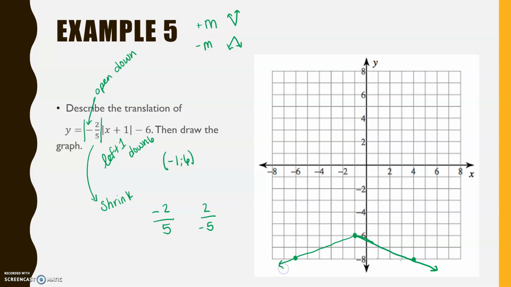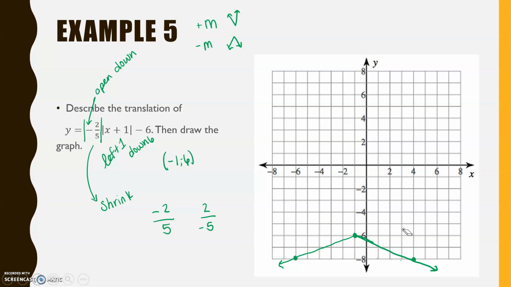And you'll know that something's going right if your final shape looks like it's supposed to. I know that it's supposed to be an absolute value function opening down. But if you were to graph it and it for some reason went up like this, or it got wonky and started curving, you would know that something was wrong.